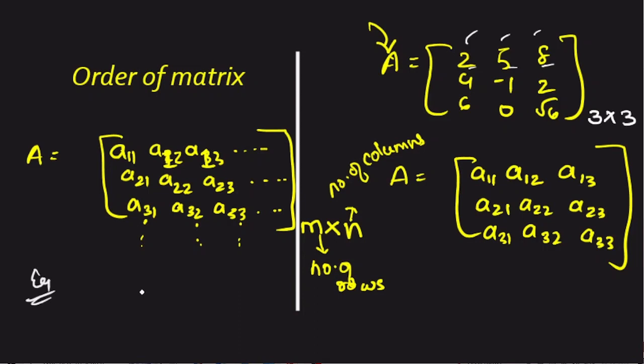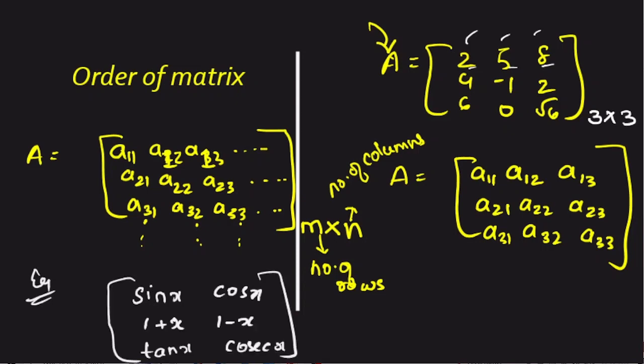Sin x, cos x, 1 plus x, 1 minus x, tan x, cosec x. Tell me what is the order of this matrix. If you want to say the order of the matrix, first see how many rows are there and how many columns are there. 1, 2 columns are there.